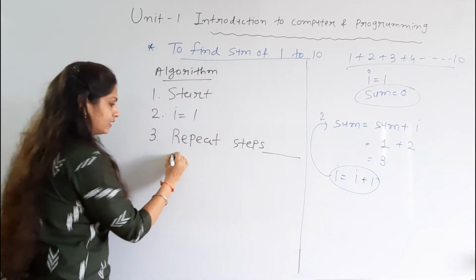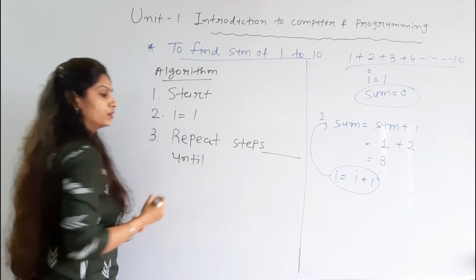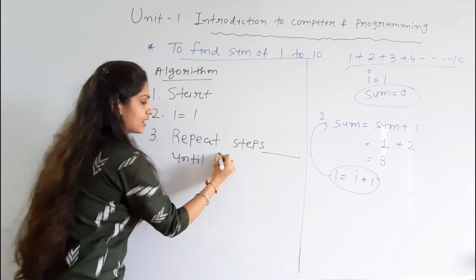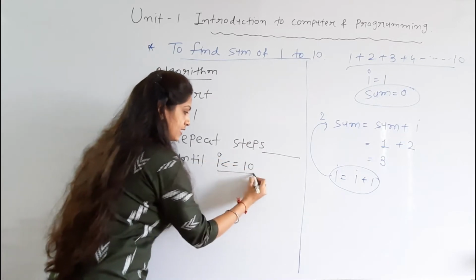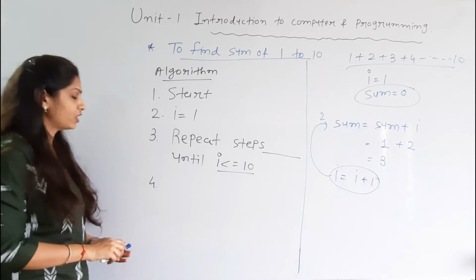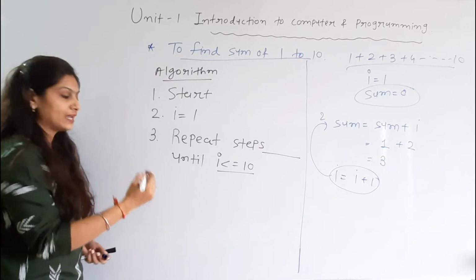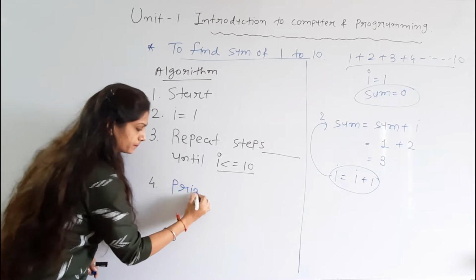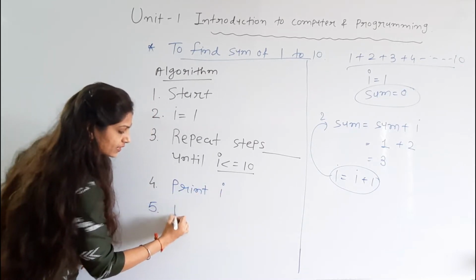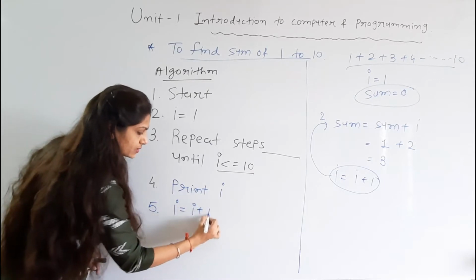Make it blank, but the condition is there, until we reach 10, that is I less than equals 10. Then on the fourth step, what do we write for displaying? Print I, and in the fifth, I equals I plus 1.